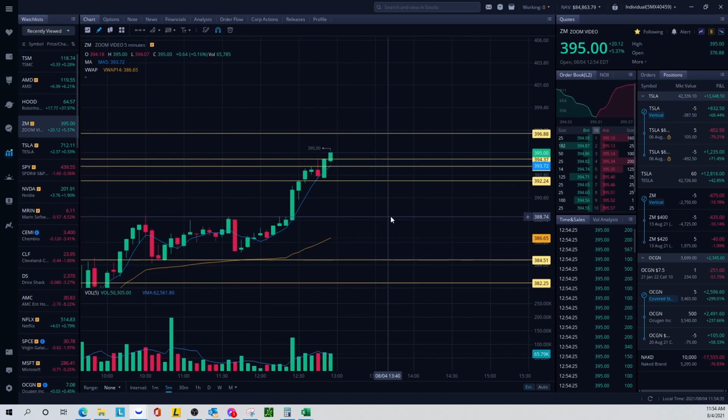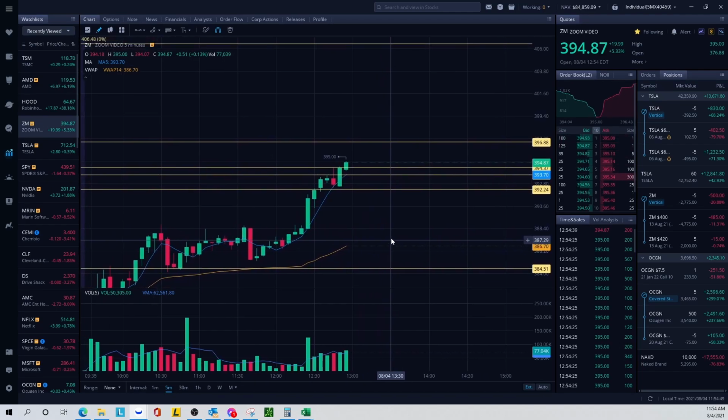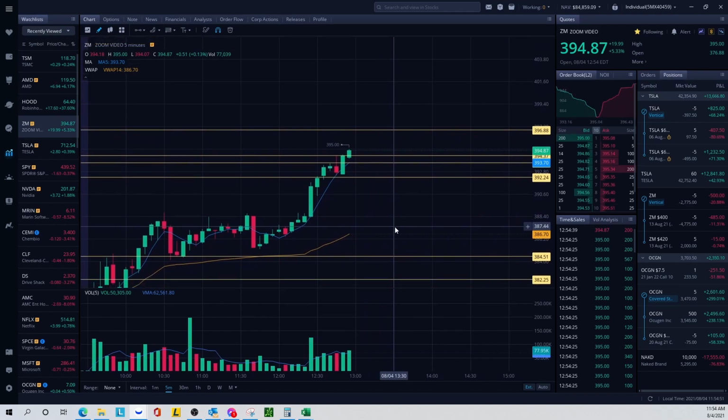So while we are being conservative and not in a rush to take a trade, Zoom is just picking up strength. You see that here, these green candles are moving higher.